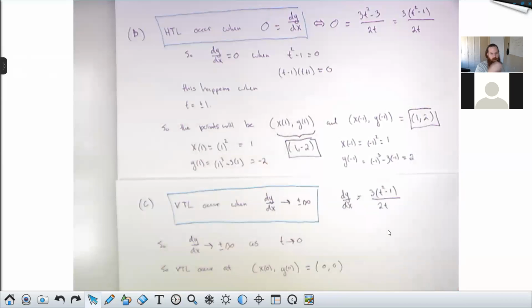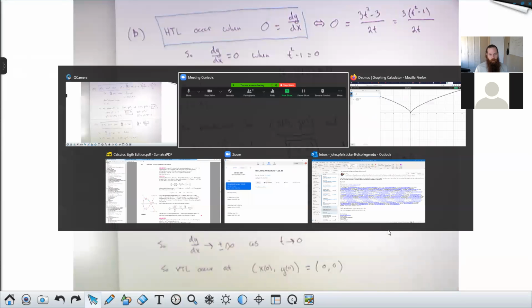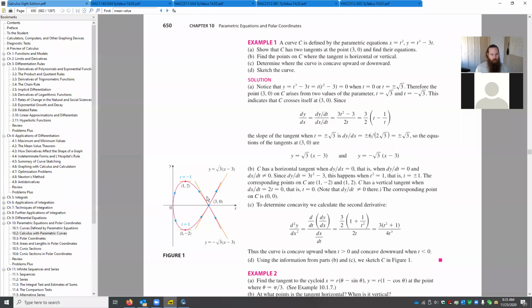So this is the origin. All right, I'm just plugging back into the original equations. Remember, x of t is t squared. Y of t is t cubed minus 3t. You plug 0 into both of those, and you get 0 out for both. And you can compare this to the picture in the textbook. Right over here at 0, 0, you have a vertical tangent line, and nowhere else.